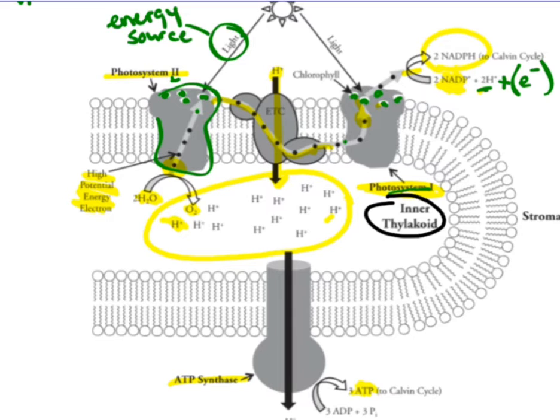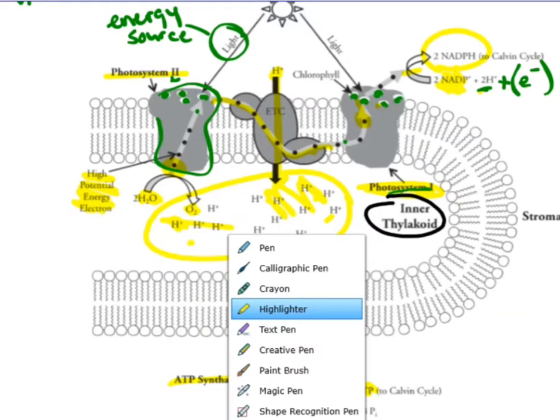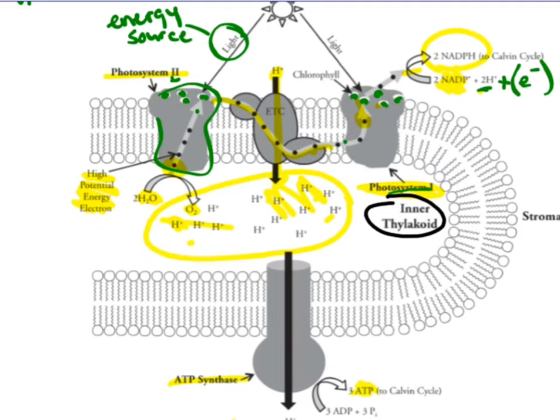Through the electron transport chain pulling in hydrogens and through the splitting of water, I have built up a higher concentration where? Inside the thylakoid or outside the thylakoid? Inside. And they're going to want to move out, right? Because molecules move from high to low. These positive hydrogens are going to move through ATP synthase.